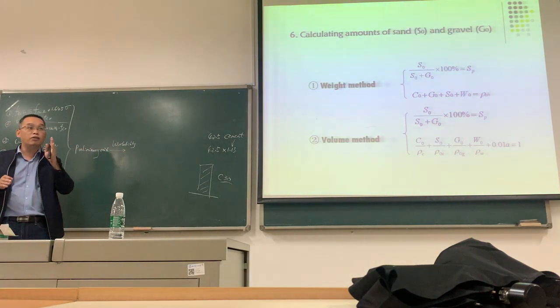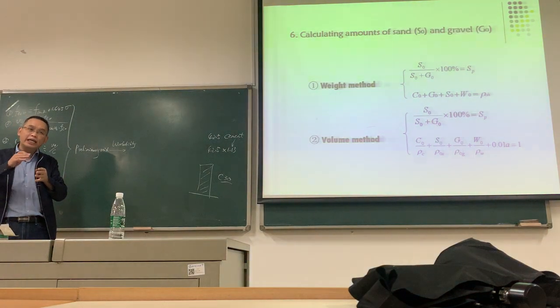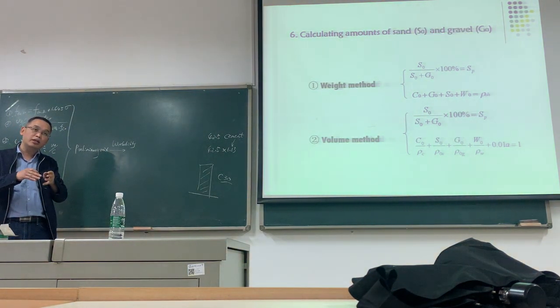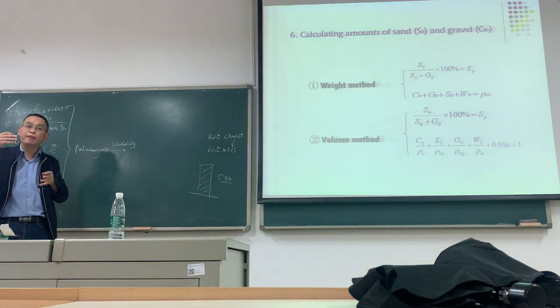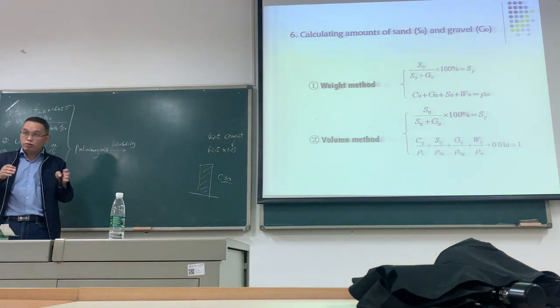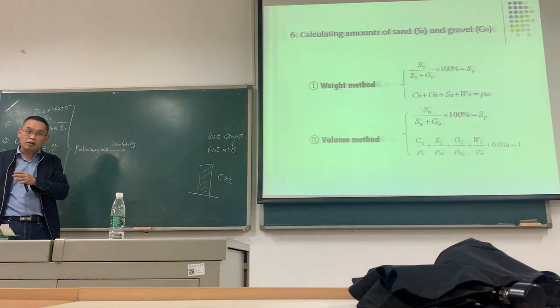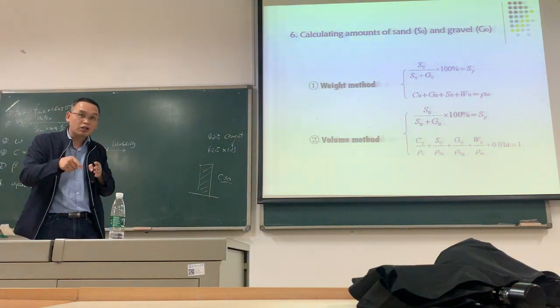If the workability of the fresh concrete is bad, maybe the mobility is too small or too big, we need to adjust it. When we adjust the workability of the fresh concrete, we cannot just add water.